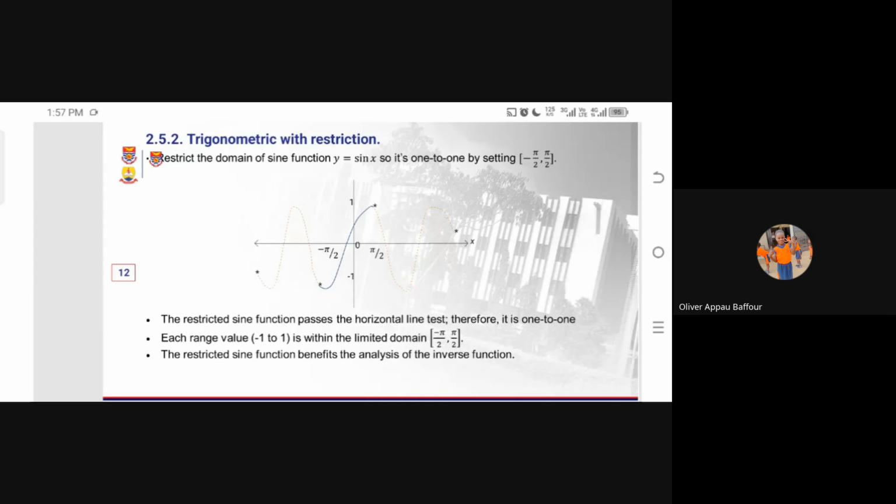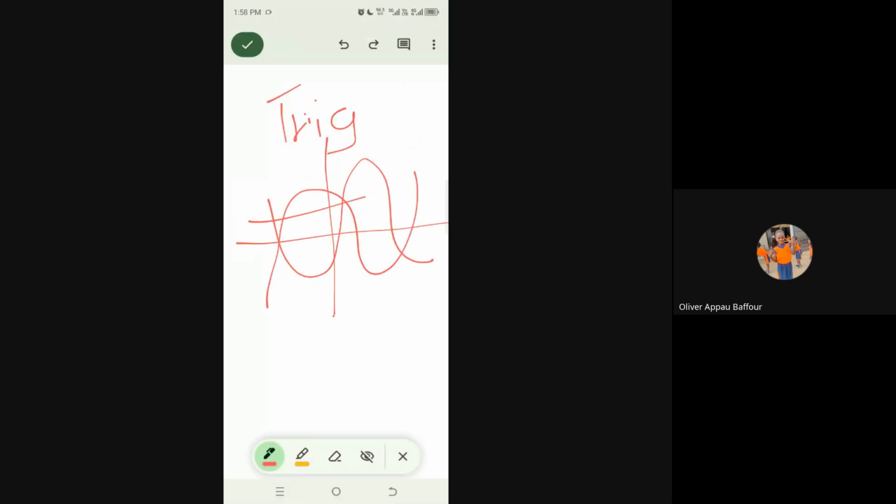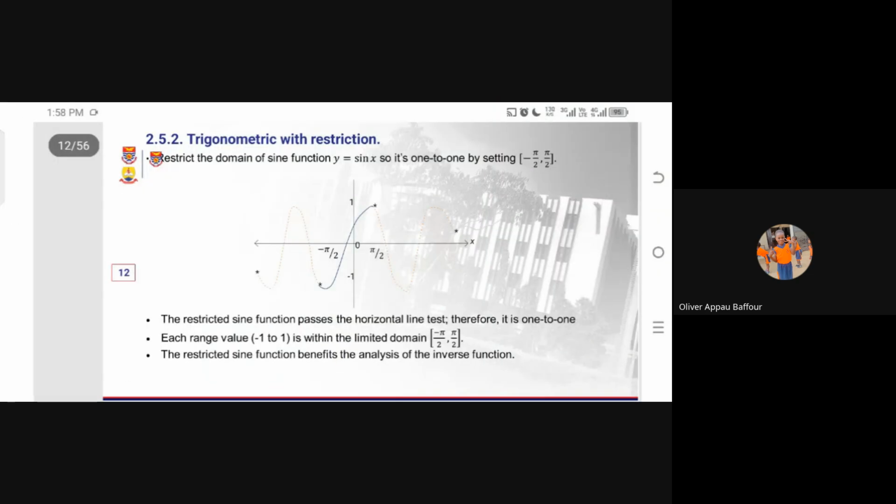The sine and the cosine will be intertwining with each other, and when you draw the horizontal lines, you see it is cutting more than one point. Because there are no restrictions, it is not a one-to-one function. But when the restrictions are applied, it becomes a one-to-one function. Please, are we okay with the explanation?